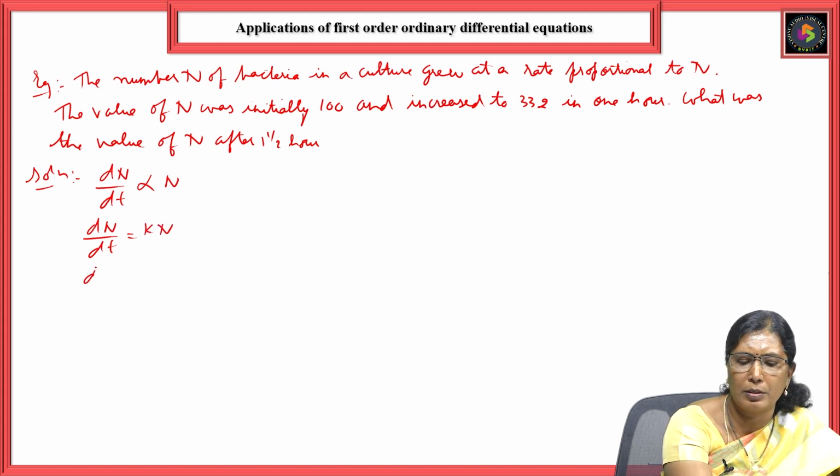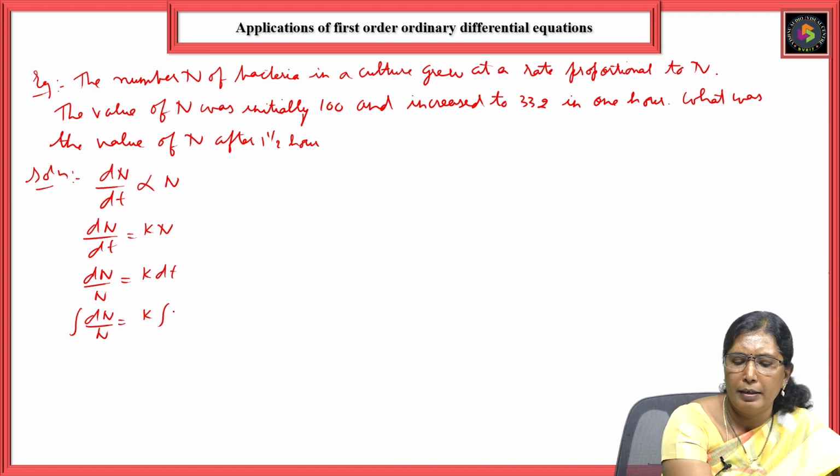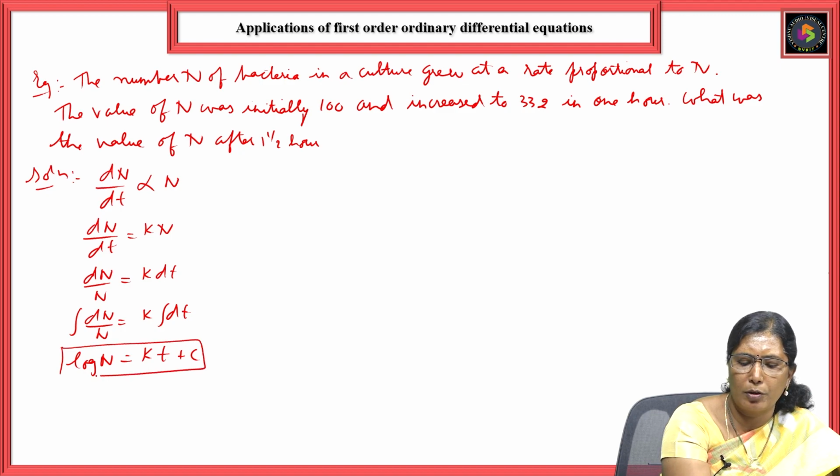Now separate the variables: dn by n is equal to k dt, all n with dn and dt. Integrating on both sides, integral of dn by n is equal to integral of k dt, so you get log n is equal to kt plus c. This formula you should use. Take this equation as 1.